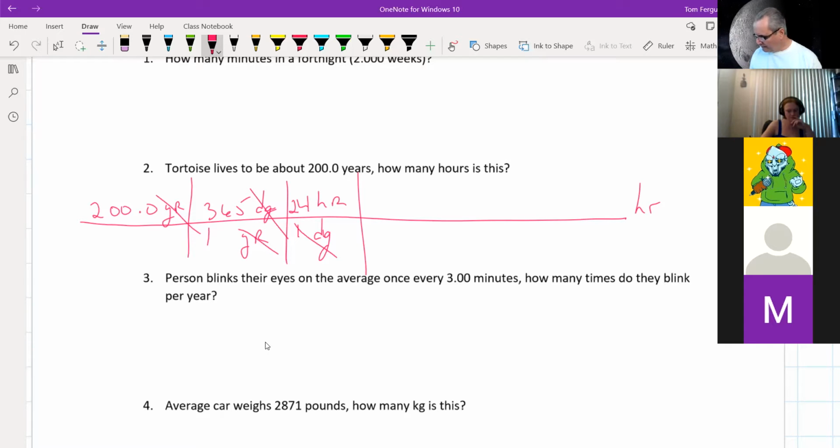So we just multiply everything on the top, divide by everything on the bottom, which is 1, so we don't have to worry about it. So it's going to be 200 times 365 times 24. Okay, and this is 4 sig figs.